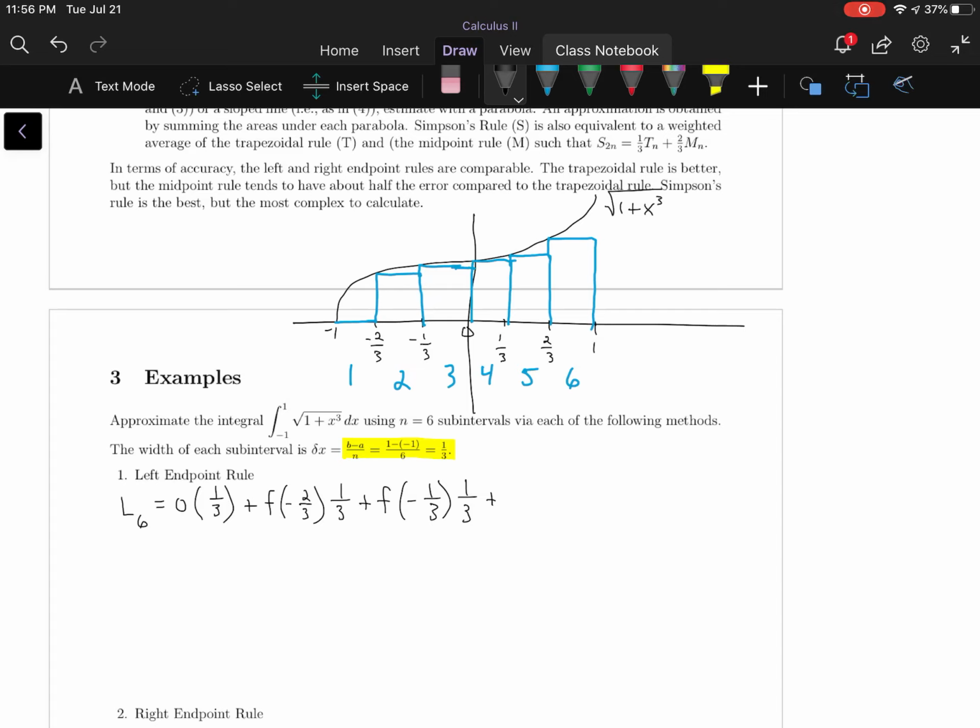If you plug 0 in for x in the square root of 1 plus x cubed, you get the square root of 1, which is 1, times 1/3 for the width.